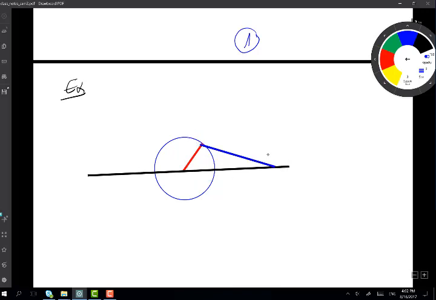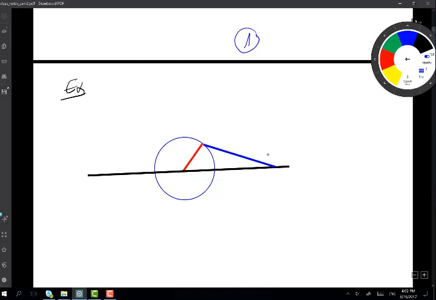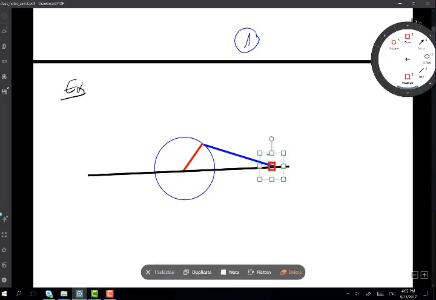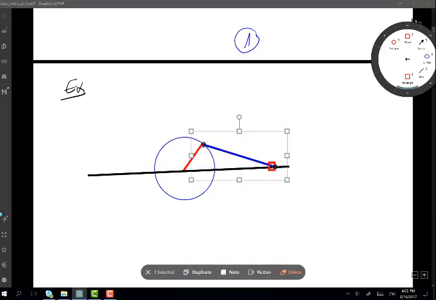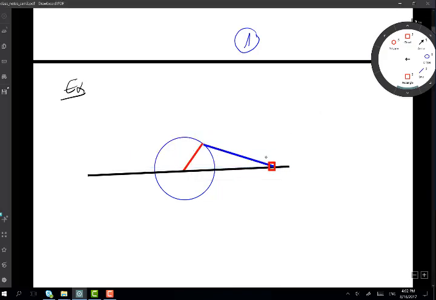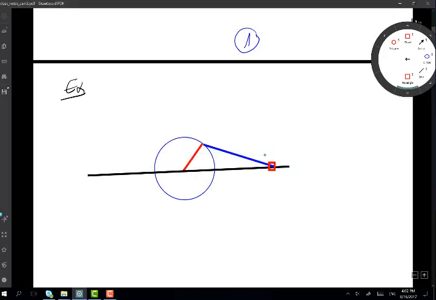So let's say we have a small slider acting here.